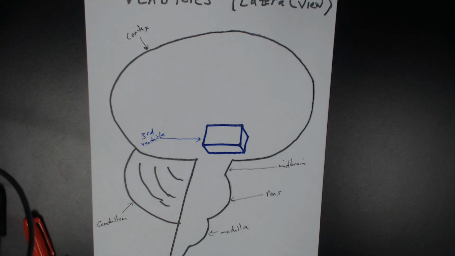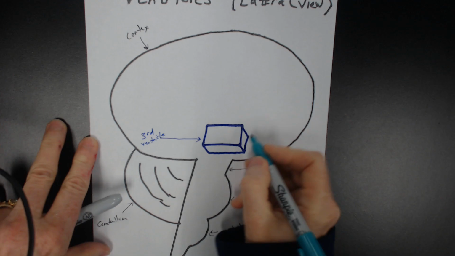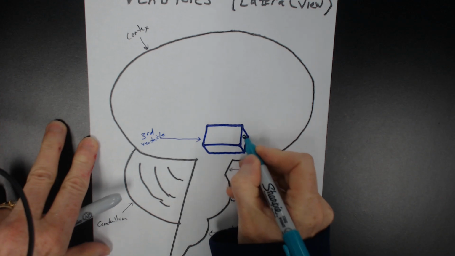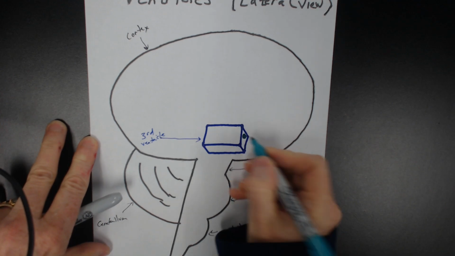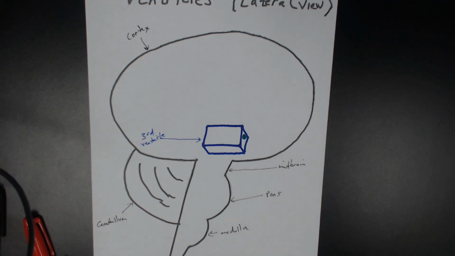The third ventricle in the upper top area has a special foramen, or hole. I represent it here. In the topmost area, there's a special foramen, and that foramen is known as the foramen of Monro.